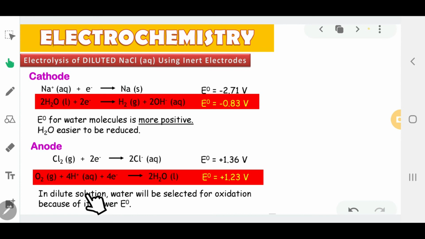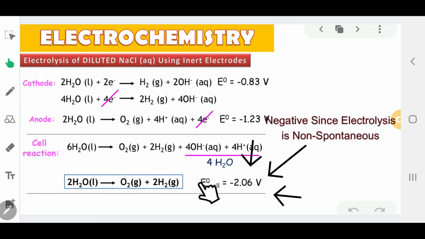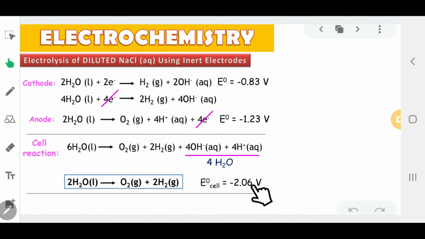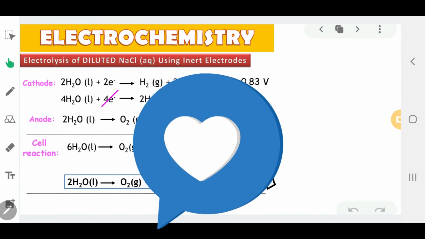Therefore, in dilute solution, water will be selected for oxidation because it has the lower E0 value. So when you combine all the half-cell reactions like this, you will be able to write the cell reaction, and you will have the E0 cell value equal to negative 2.06 volts because electrolysis is a non-spontaneous reaction.